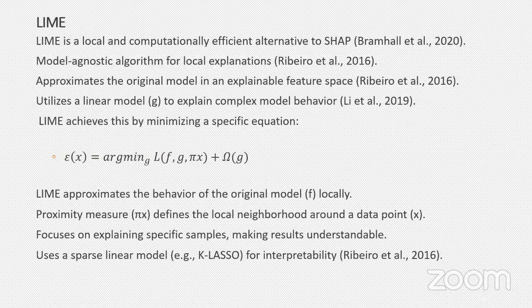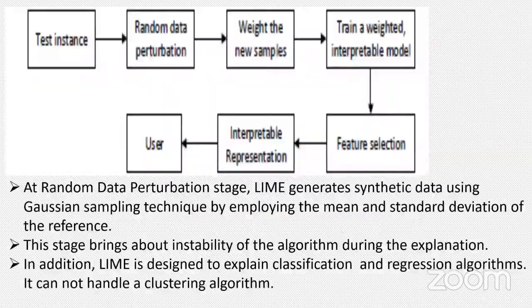It uses the proximity measure to check the local neighborhood of a particular data set. Then using that neighborhood, it tries to generate some random data, and through this random data it will do an interpretation of the machine learning model.